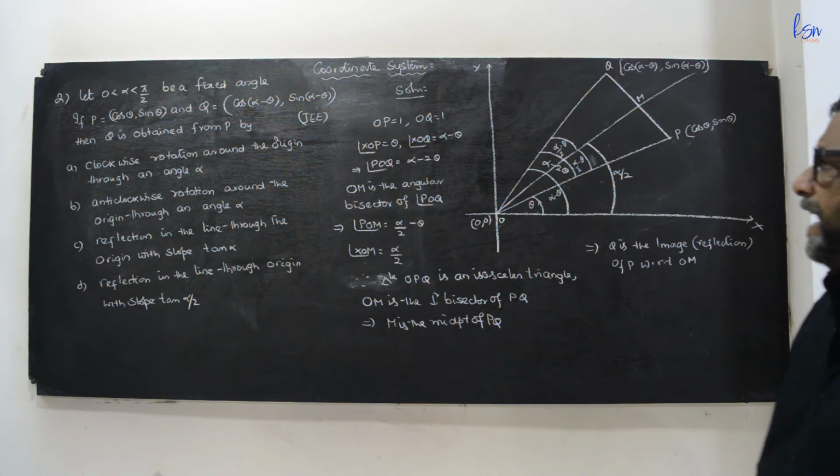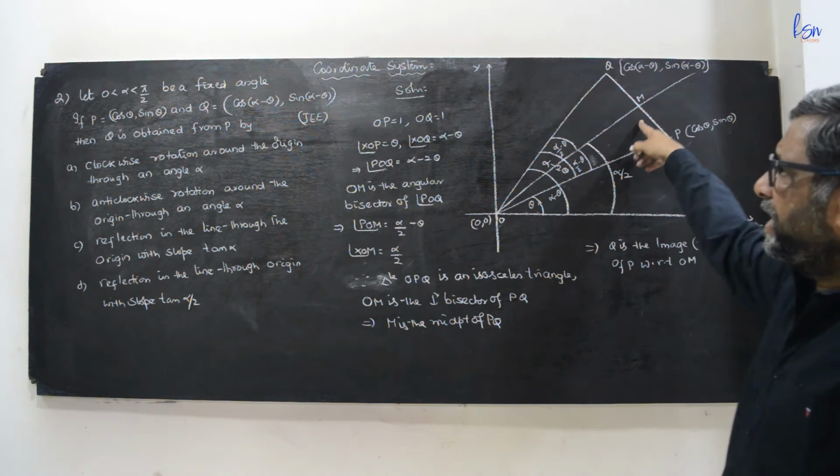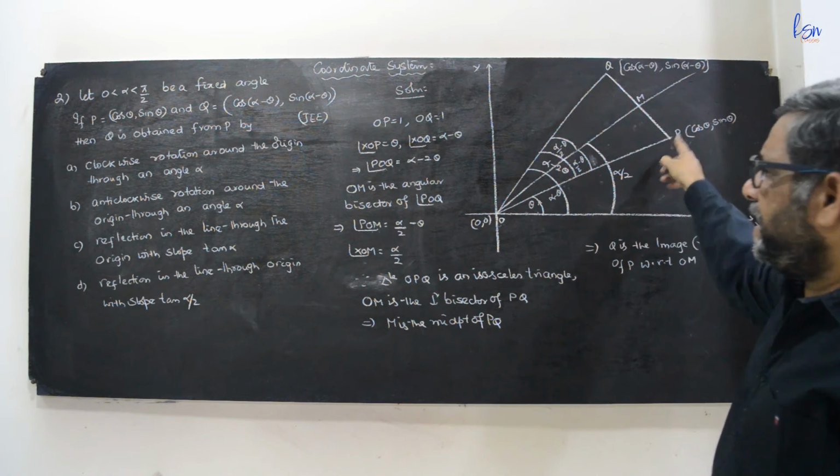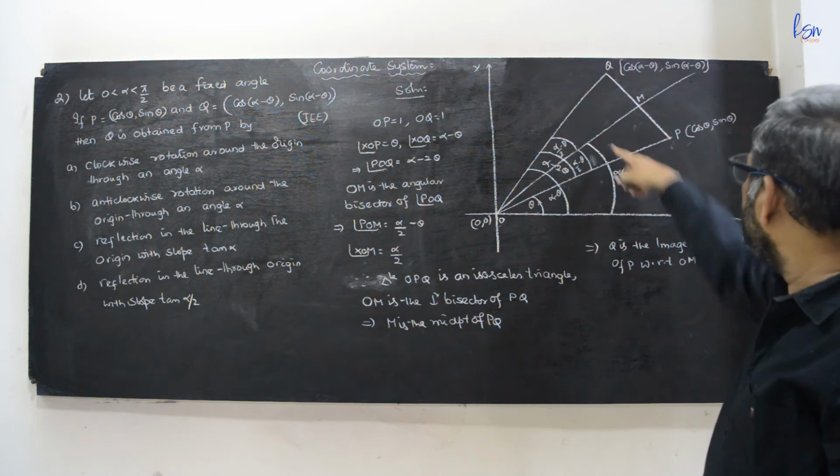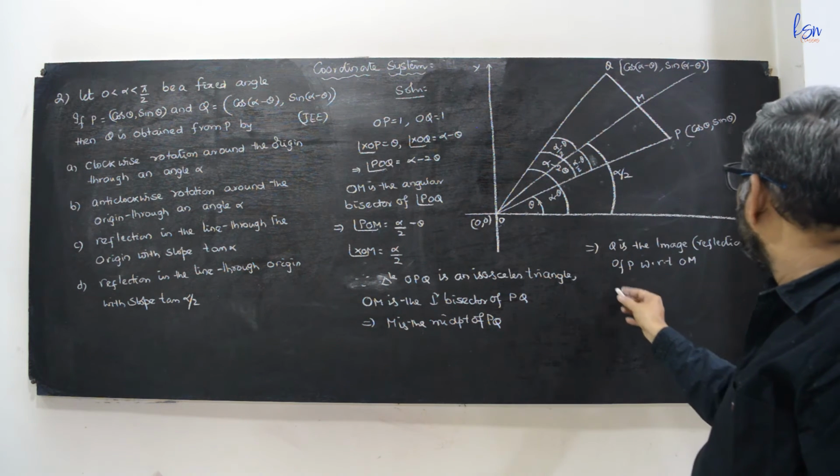That is to say, Q can be obtained from P by the reflection in the line through the origin with slope tan alpha by 2.